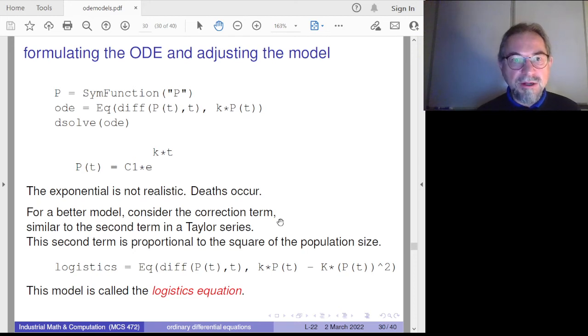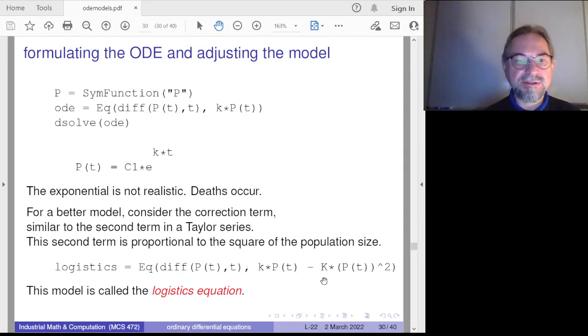Assume that the dominating term is, let's focus on the births, it's always a happy thing to happen. But then the second order term would represent the correction term. So here, this is the capital K, where we subtract the second order term now. And that will give rise to what is called the logistic equation.